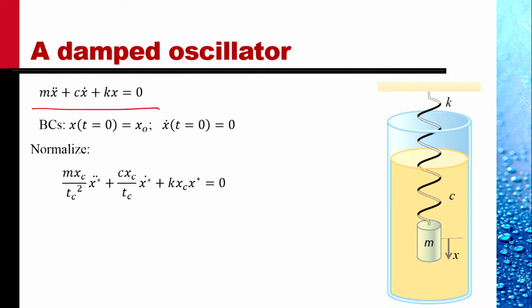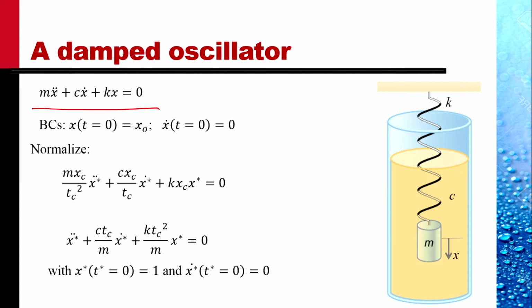We normalize the dependent variable x with its characteristic value xc, and we normalize time with a characteristic time tc. And this is what we obtain. And if we make the coefficient of the first term, that is the inertial term, 1, then this is the form that we get.